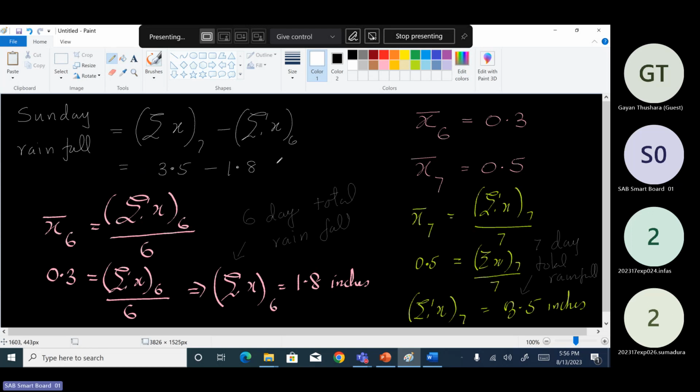So that is right here, 1.7. So Sunday rainfall is that.